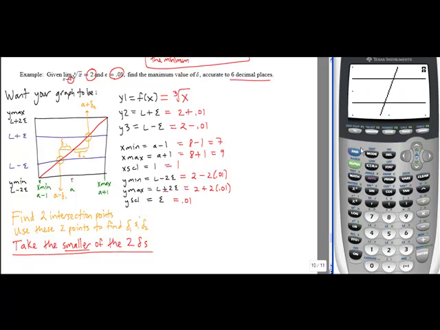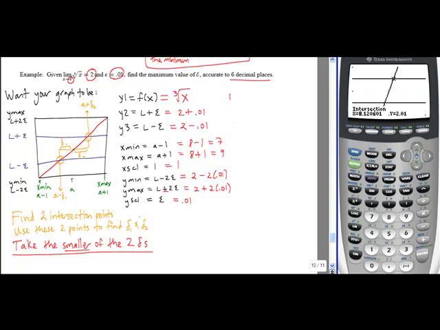So I'm going to do second trace to hit calc, and intersect is number 5. And let's do the upper intersection point first, so I'll just arrow up, get your cursor over top of it as close as you can, and just hit enter 3 times. And then we want to write down that intersection point.